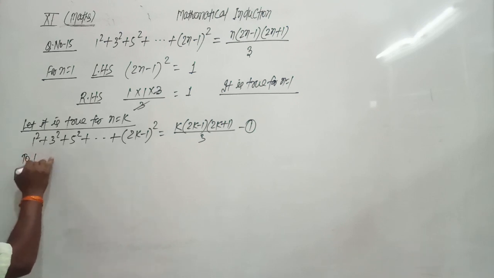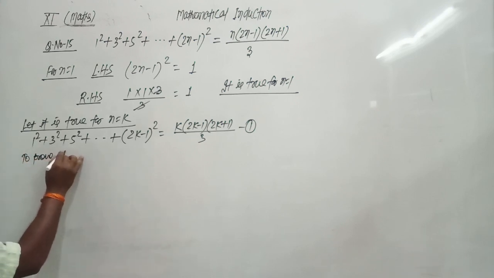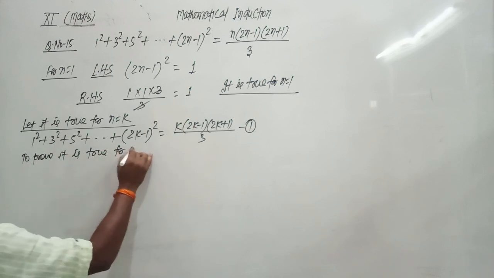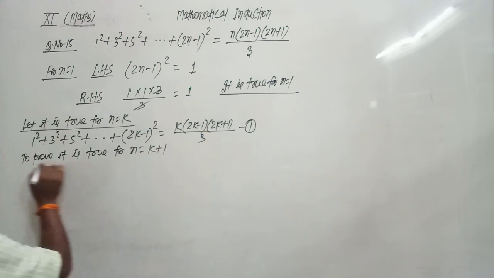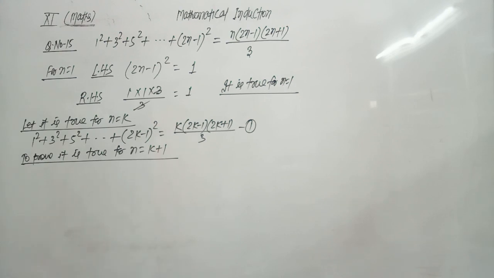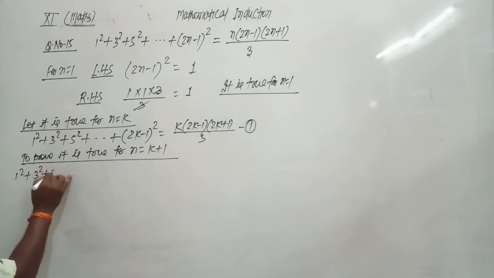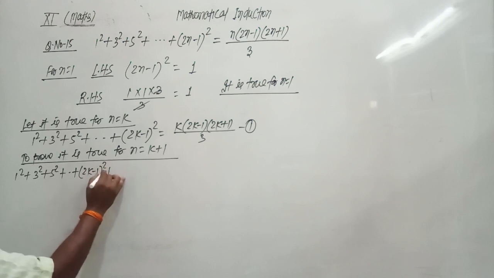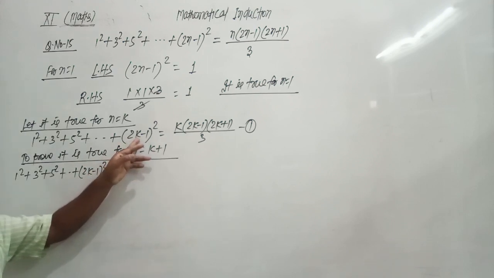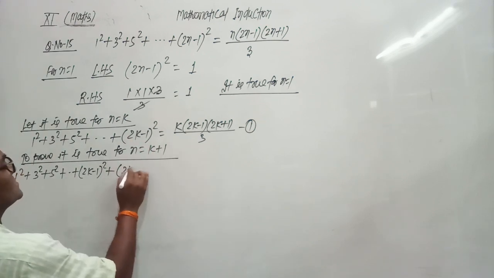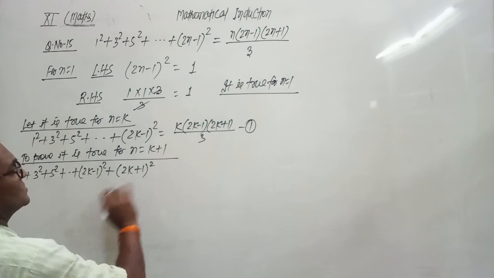Now to prove it is true for n equals k plus 1, first we write the term up to k, then we write k plus 1. 1 square plus 3 square plus 5 square plus 2k minus 1 the whole square plus, replace k by k plus 1, so 2k plus 2 minus 1, that is 2k plus 1 the whole square.